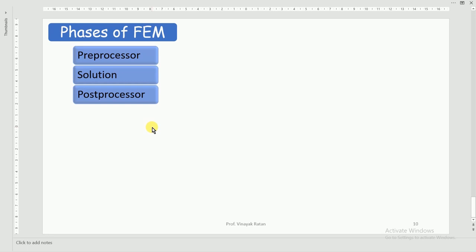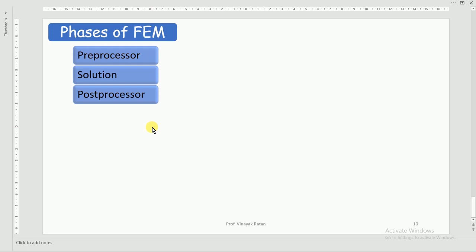Phases of FEM. There are 3 phases of FEM: preprocessor, solution, and postprocessor. As you have learned, the steps in FEM, the general description of FEM, there are 7 steps. Those 7 steps you apply when you are solving any FEM problem manually. But when you are doing it in any software, these are the 3 stages.